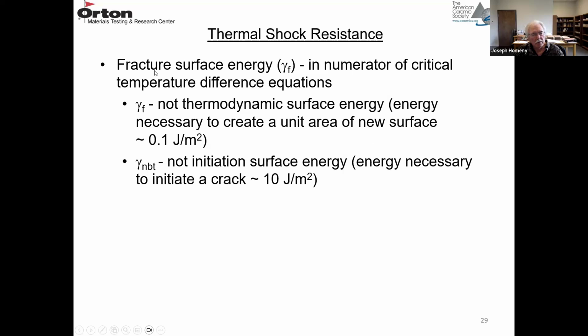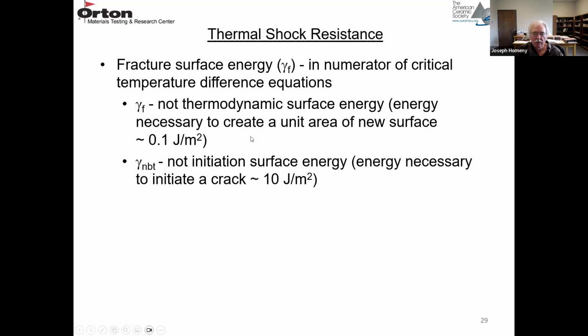And the fracture surface energy, this gamma F term, is in the numerator of R4 prime and RST. So there's various fracture surface energies. This one is a thermodynamic surface energy, and that's simply the energy necessary to create a unit area of new surface.